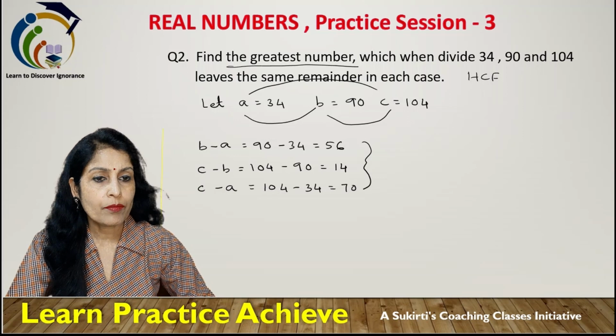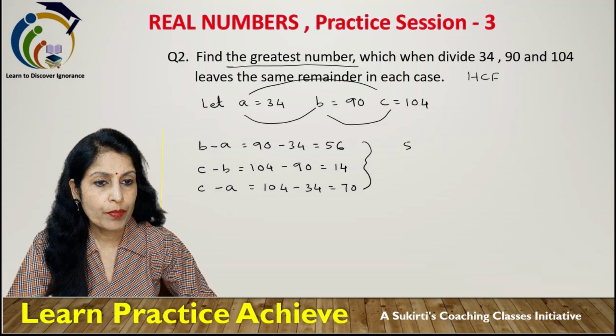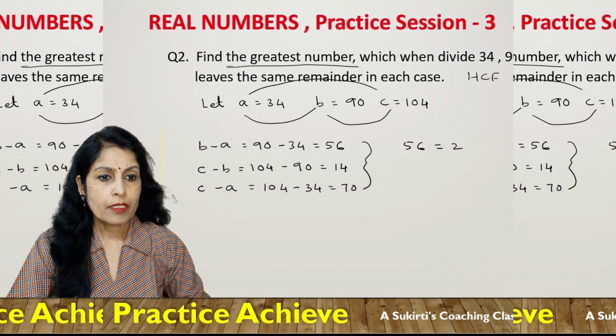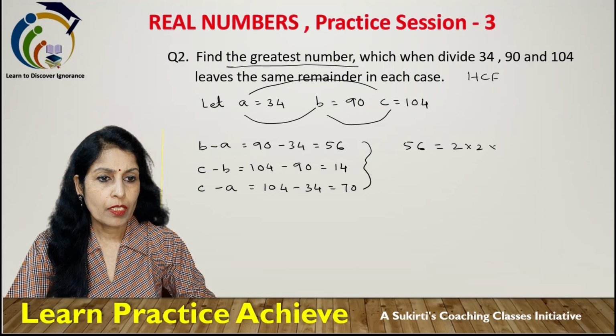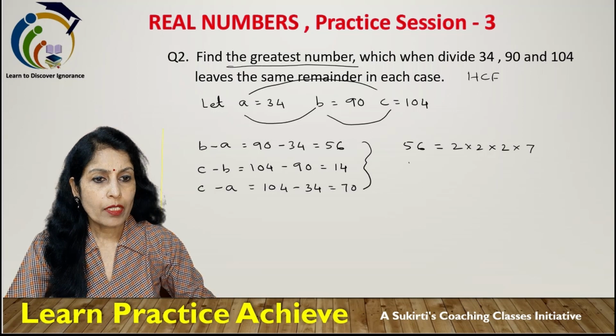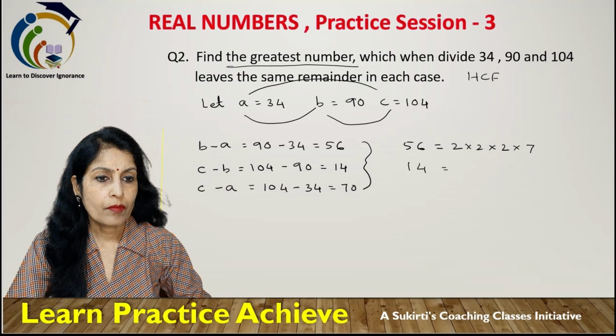So these are the three numbers we get to find the HCF. Find the HCF of these three numbers. 56 can be written as 2 into 2 into 2 into 7. Then 14 can be written as 2 into 7 and 70 can be written as 2 into 5 into 7.